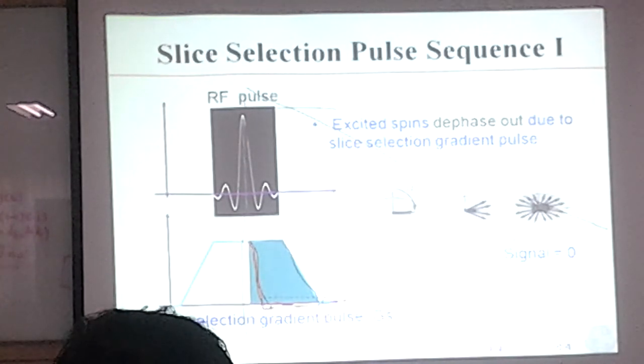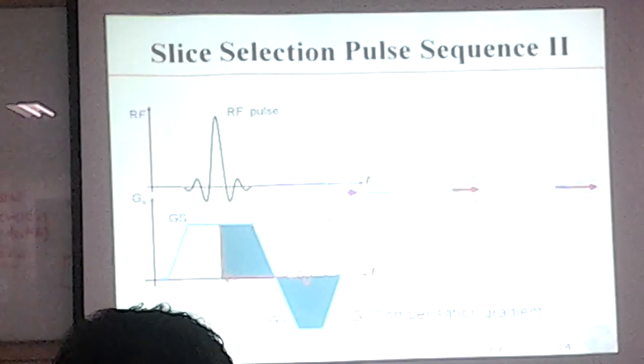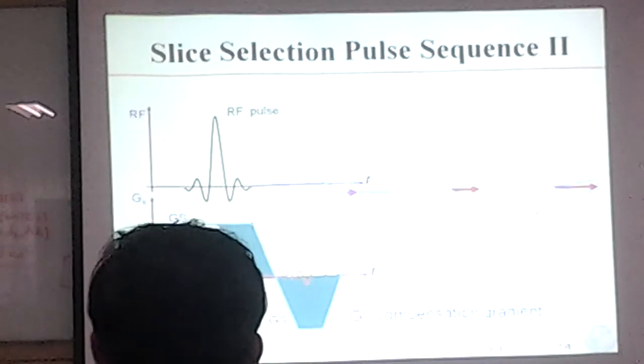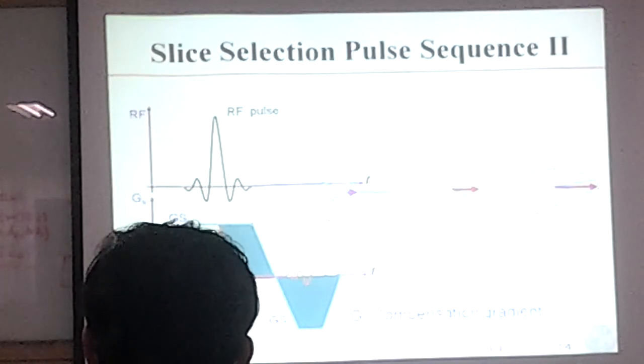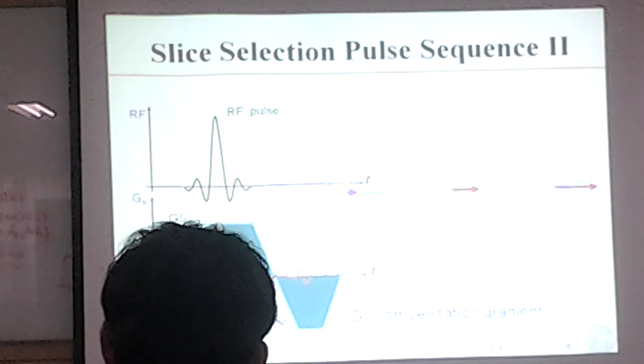So we cannot acquire data here. That's because the FID signals decay due to T2 star decay. All spins are phased out due to the field inhomogeneity generated by the gradient field. That's a serious problem. So to solve this problem, we have to compensate the field inhomogeneity using this compensation gradient here.